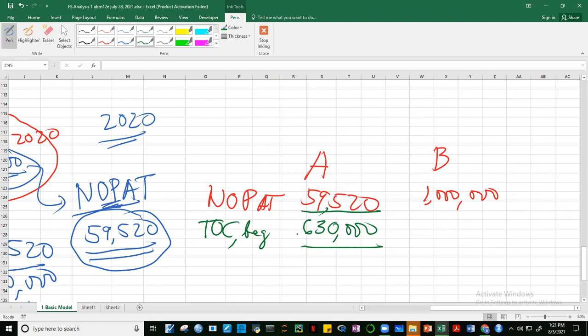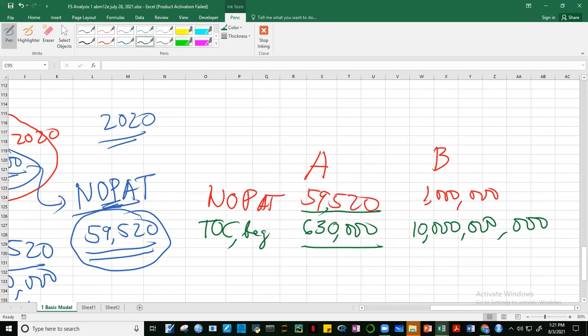Now, just to dramatize this illustration, what if B's TOC is 10 billion? So imagine that, guys. It did generate a larger NOPAT, 1 million, but the TOC, the capital provided to management, was 10 billion.